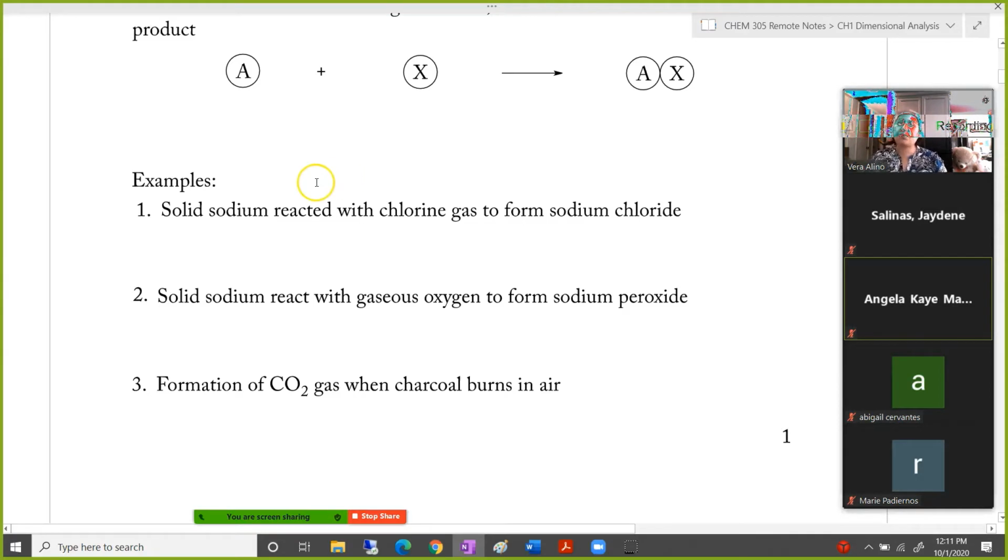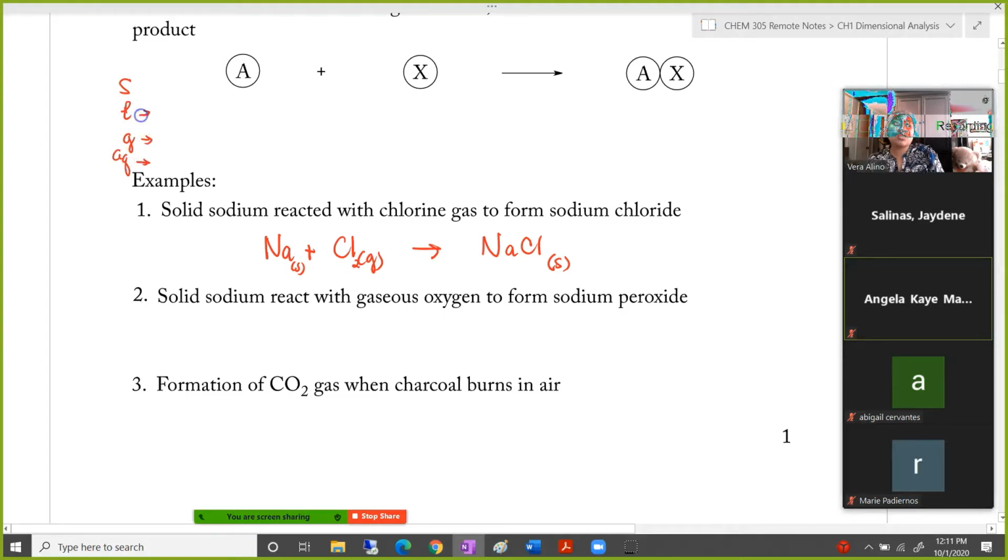So let's try to do number one. We have solid sodium reacting with chlorine gas in order to form sodium chloride. Notice there that I have made use of these subscripts in open and closed parentheses. Sometimes you would see S, L, G, and AQ.